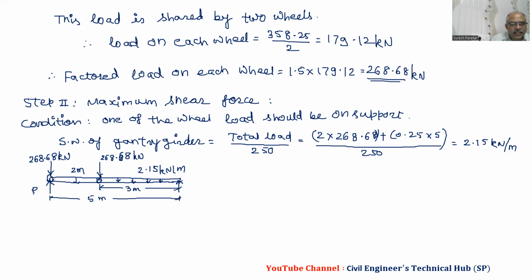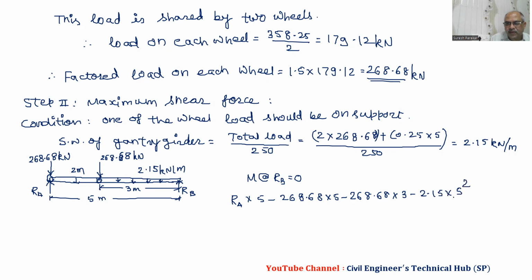And if we say this is RA and RB, then RA will give the maximum reaction, which will be the maximum shear force. So moment about RB equal to 0. We have RA into 5 minus 268.68 into 5 minus 268.68 into 3 minus 2.15 into 5 square by 2 is equal to 0.